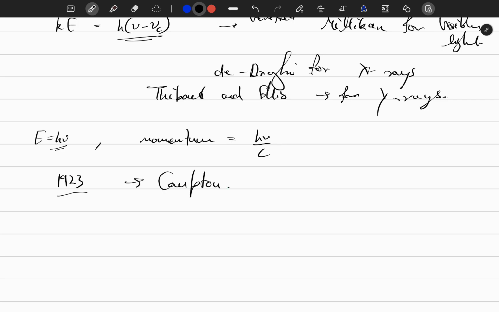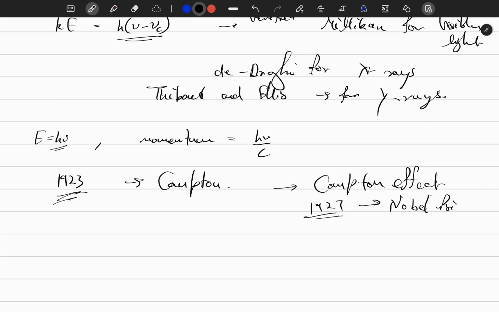This experiment is known as the Compton effect, and Compton received a Nobel Prize for it in 1927.